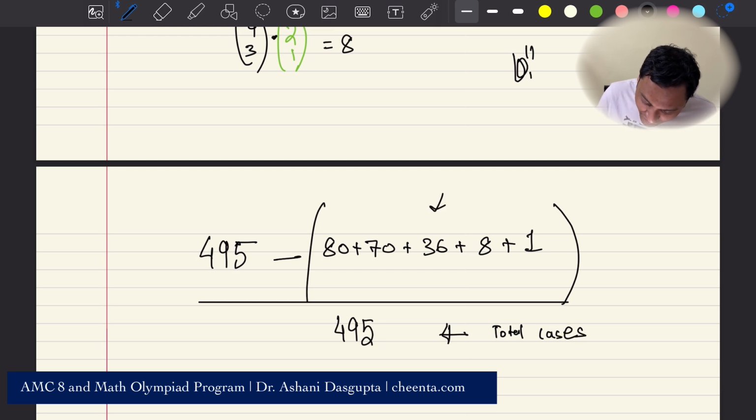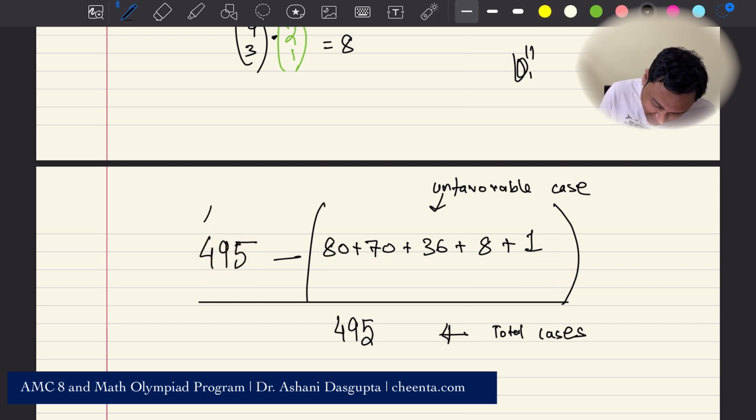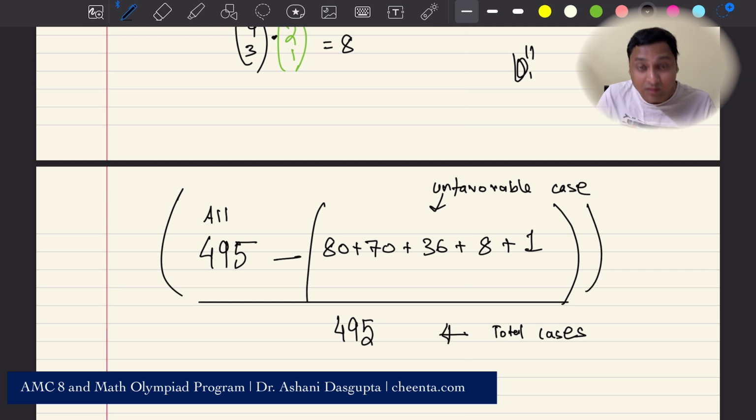These are the unfavorable cases, the cases where the married couple cannot sit together. And if you delete it from all the cases, then these are all the favorable cases where the married couple can sit together. So if you do this ratio, you will get the final answer.